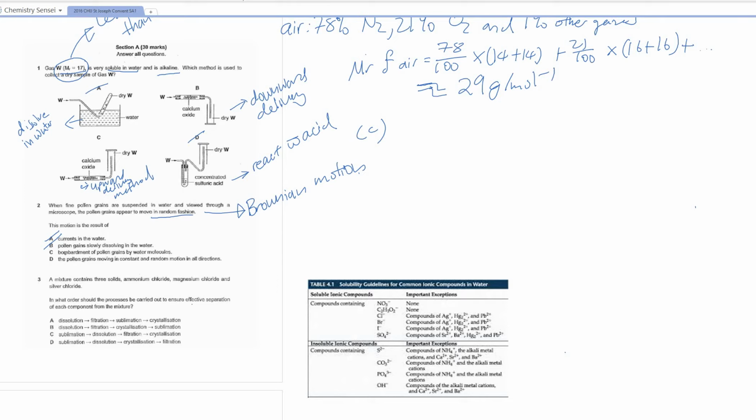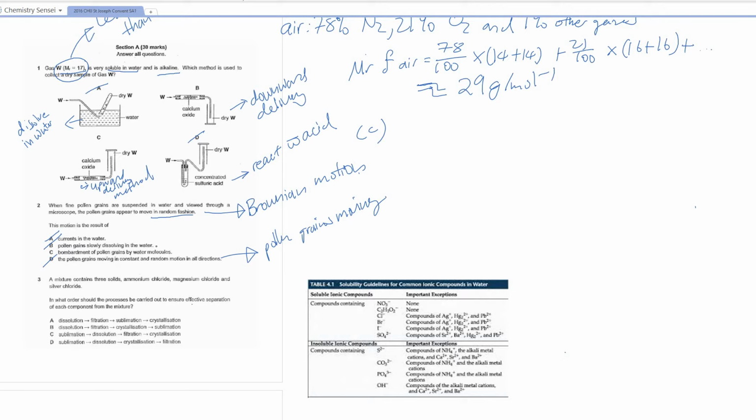Option D, the pollen grains moving in constant random motion in all directions, is also wrong. If this were true, we would see pollen grains moving in all kinds of media. If you place the pollen grain on the table, it will move, but that is clearly not the case.